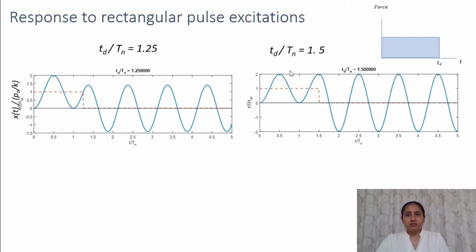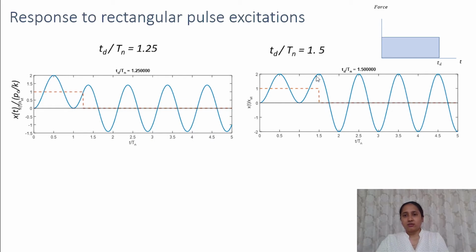Similarly, this is the response for Td by Tn equal to 1.5. The pattern is the same as the previous. Here also during the forced vibration phase, the system oscillates about the static deformation, and then it starts oscillating about the original equilibrium position.